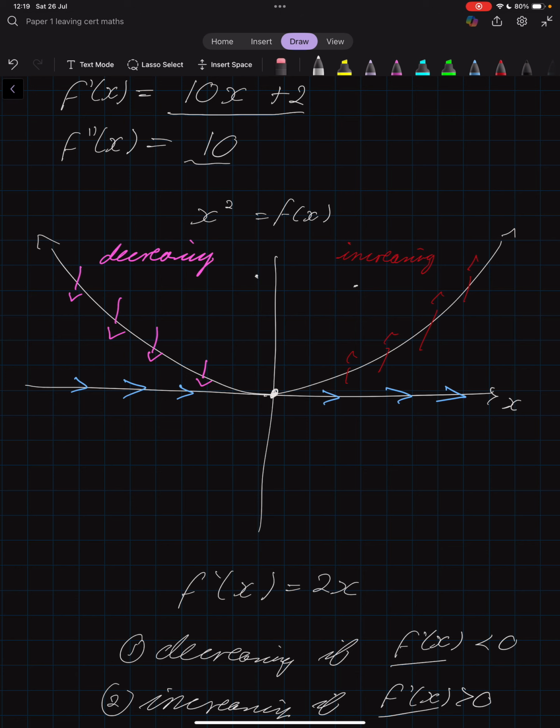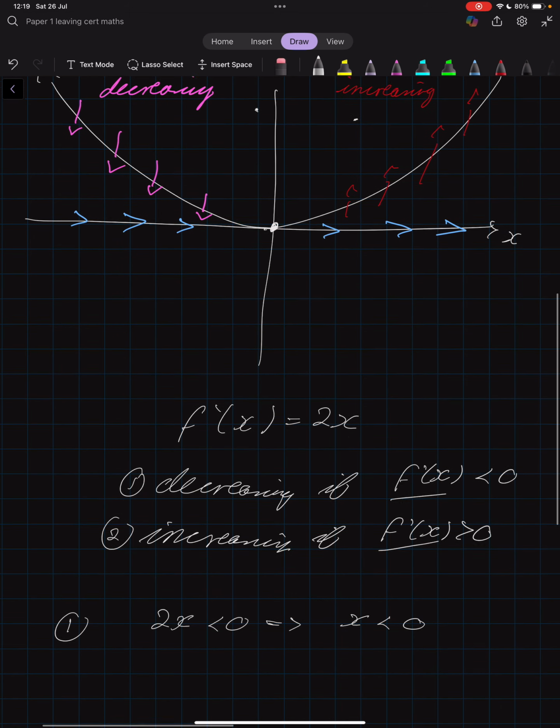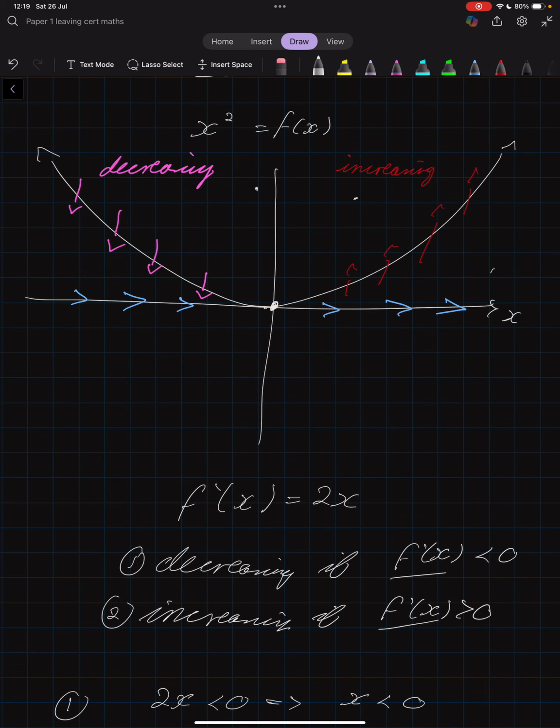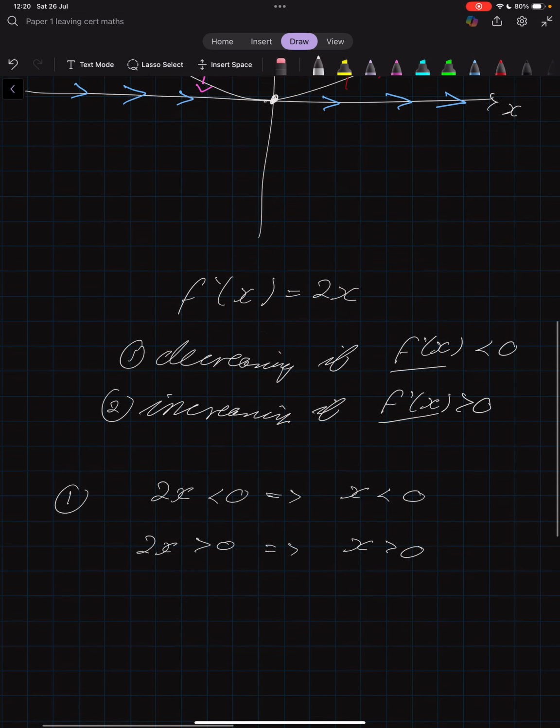If I want it to be increasing, I want 2x to be greater than 0, which means x has to be greater than 0, and therefore anything up over here is going to be increasing. So if they ask you whether it's increasing or decreasing, you just take the derivative and go from there. Nothing more needs to be said about those.